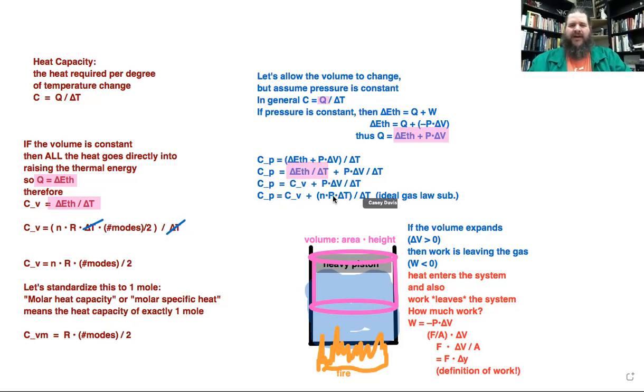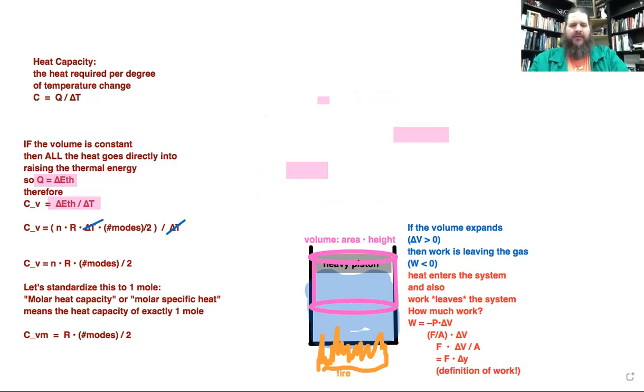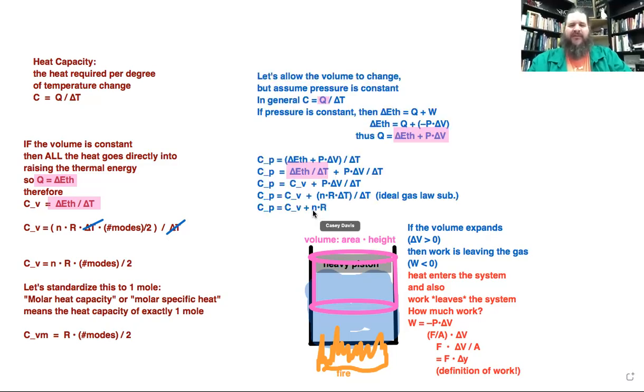What happens when we divide those in that fraction? Delta T's will cancel each other. Yeah, the delta T's cancel out, so we now know how much more. We can say constant pressure heat capacity is a little bit more than the constant volume heat capacity, and the little bit more is just number of moles times R.